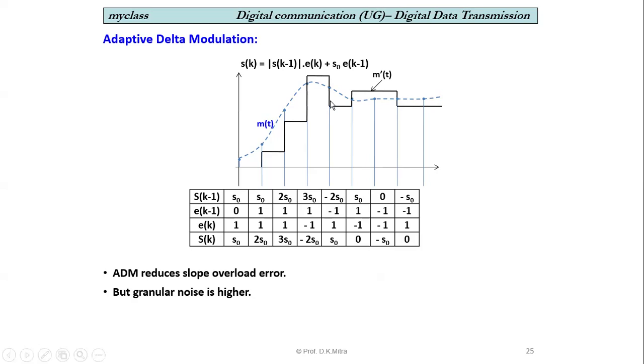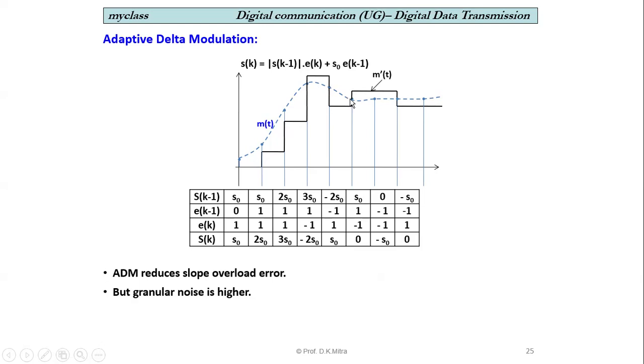This is very interesting because I was taking a one-step jump, then a 2-step jump, then a 3-step jump. Then when I find I have come ahead of the signal, I take a 2-step jump back. I do not take a 1-step jump back, I take a 2-step jump back.